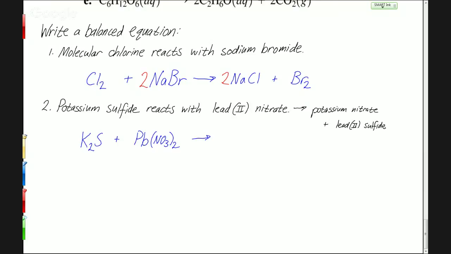So then you can build those new compounds once you've switched them. Potassium nitrate is KNO3, and lead-2 sulfide is PbS. So we need to put a 2 here to balance it, and then we've got our balanced equation.